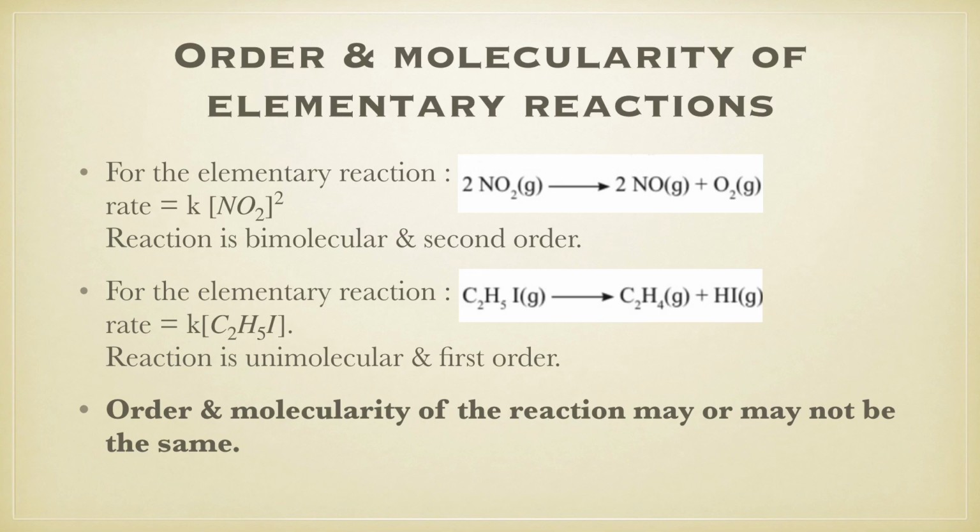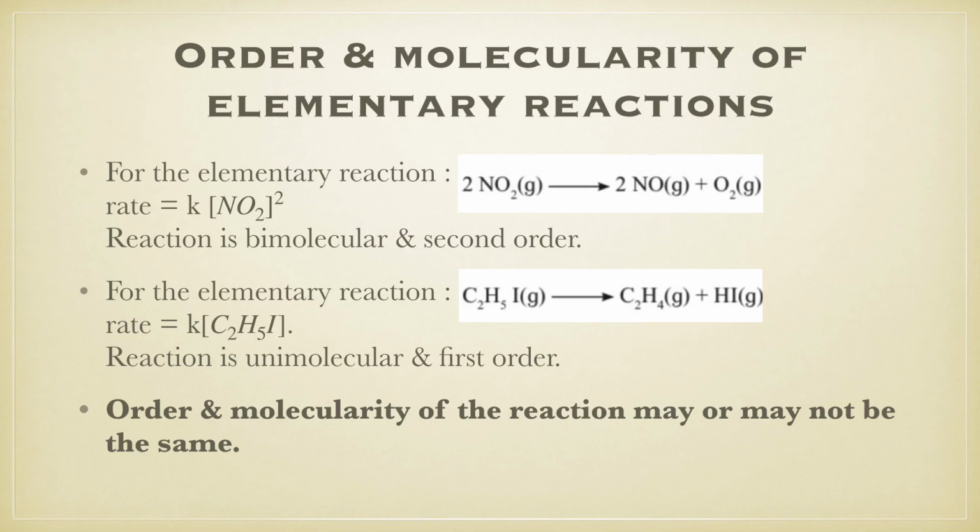Next one, for the elementary reaction C2H5I going to C2H4 plus HI, the rate law is given as K into concentration of C2H5I raised to 1. By seeing the rate law, we can calculate the order of the reaction. Remember, from the rate law expression we can calculate the order of the reaction. So the order of the reaction is 1, therefore it is a first order reaction.